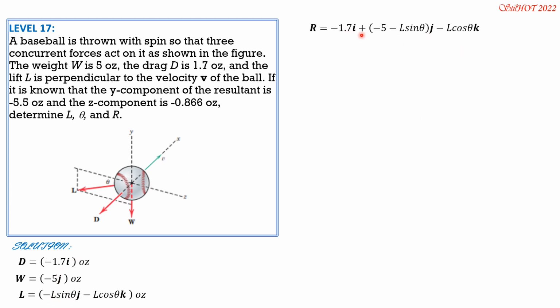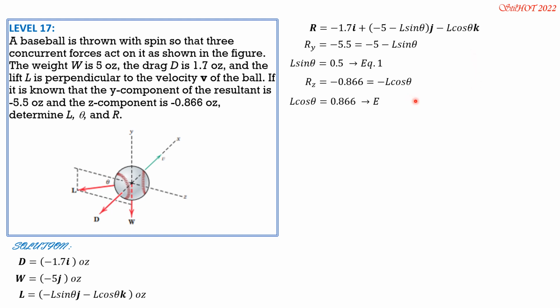So this is Rx, this is Ry, and this is Rz. So Ry is negative 5.5, so we equate it to negative 5 minus L sine theta. Simplifying, L sine theta is 0.5. Call that equation 1. Then Rz is negative 0.866, and it is equated to negative L cosine theta. So L cosine theta is 0.866.